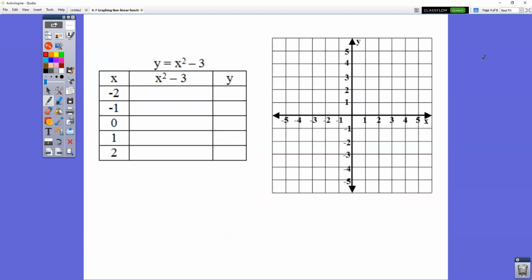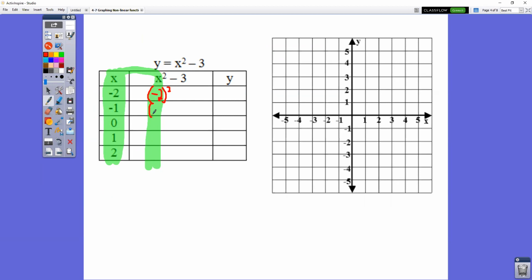So let's take a look at our first example. We're going to do 2 of each of these. So now there's a lot of little parts and pieces in this. Just like when we were using the chart method before, you're going to take your X values and you're going to sub them in for X. So when we go to sub these in, instead of having X squared, I'm going to have -2 squared.